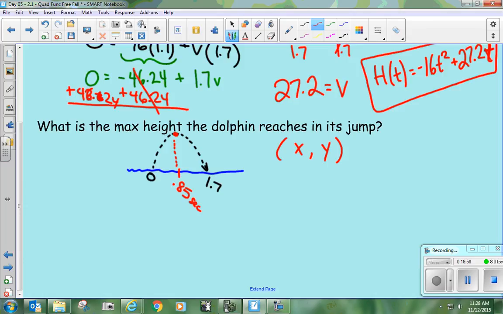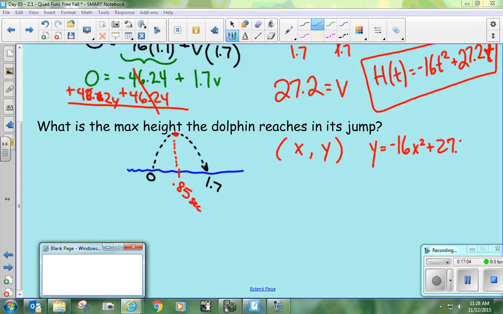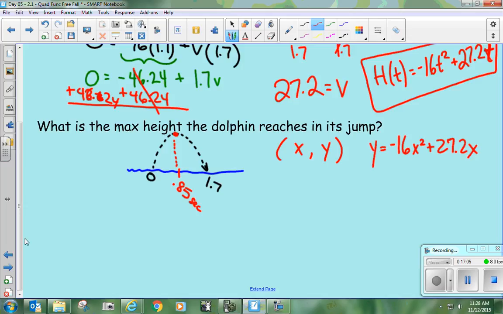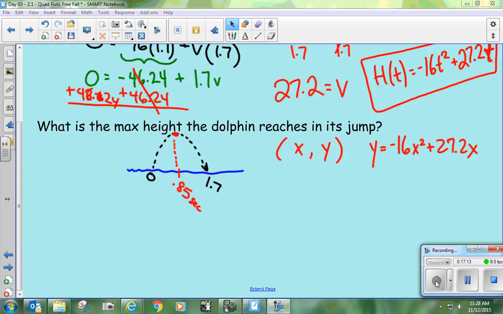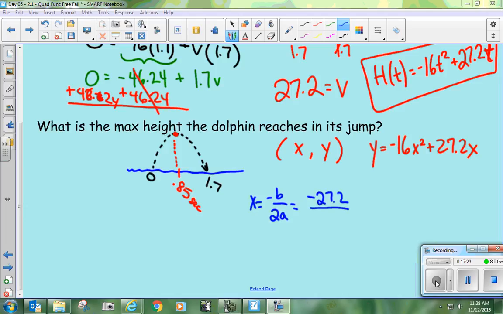I got to use my equation here. So y equals negative 16x squared plus 27.2x. Why don't you guys figure out what the x is and figure out what the y is? All right, so x equals negative b over 2a. That is negative 27.2 over 2 times negative 16.